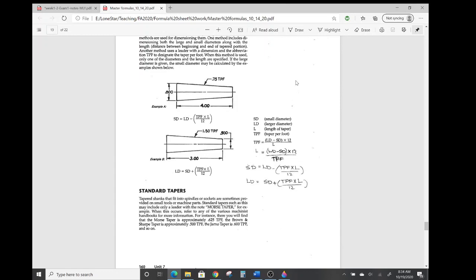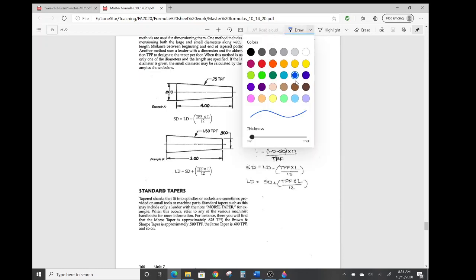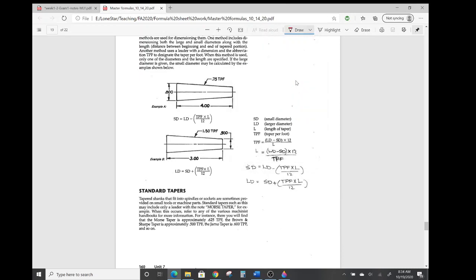Like I said, if you're looking for the small diameter and you know the large diameter and your taper per foot, because you calculate taper per foot up here, maybe you have the data, then you're going to use this one. If you're looking for the large diameter and you have the small diameter, the taper per foot, and the length, you're going to use this one. And 12 is 12 inches per foot. Okay? Yeah, there's some redundancy in here, so you can read this all on your own.